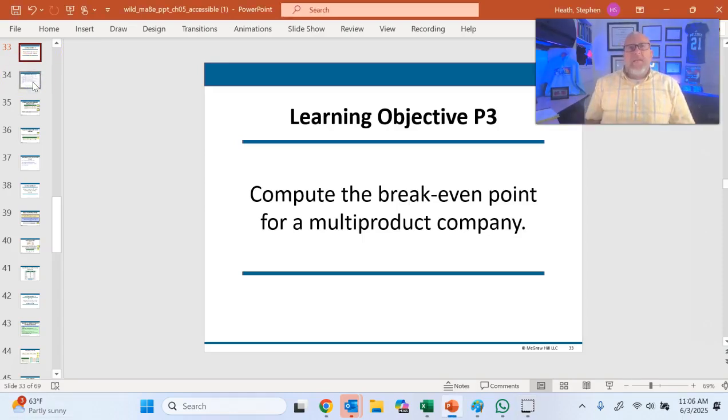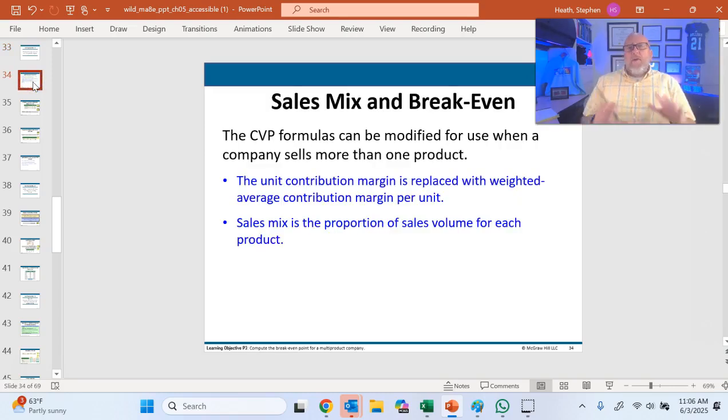Some high level things that we need to keep track of. We are going to move away from the unit contribution margin, right? So we were saying previously, hey, we want to know the revenue minus the variable cost to get to contribution margin. And we were doing that for one particular product.